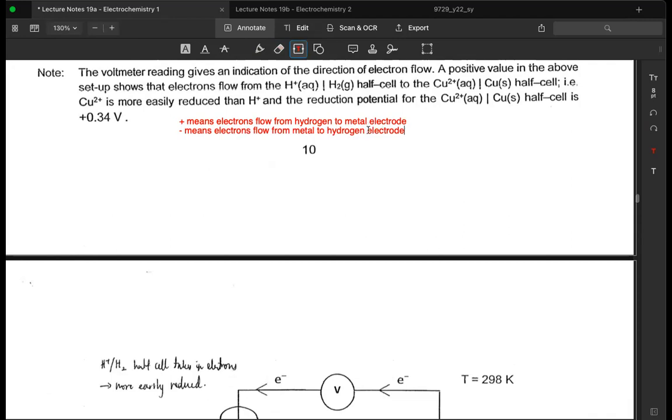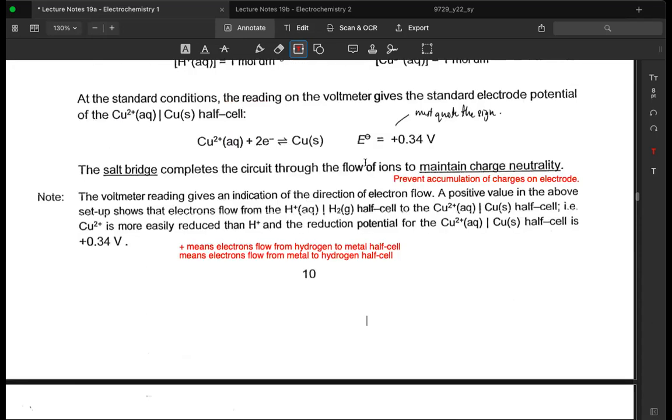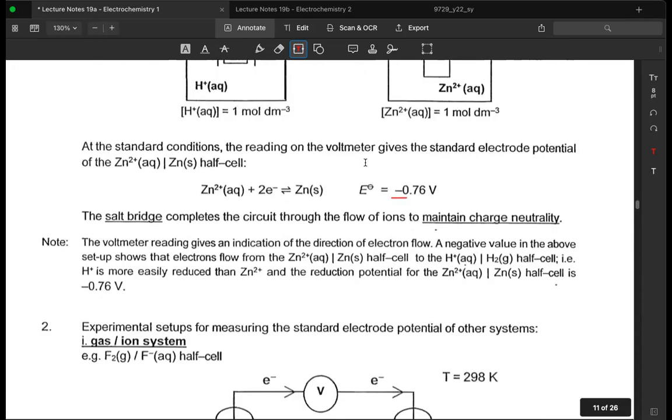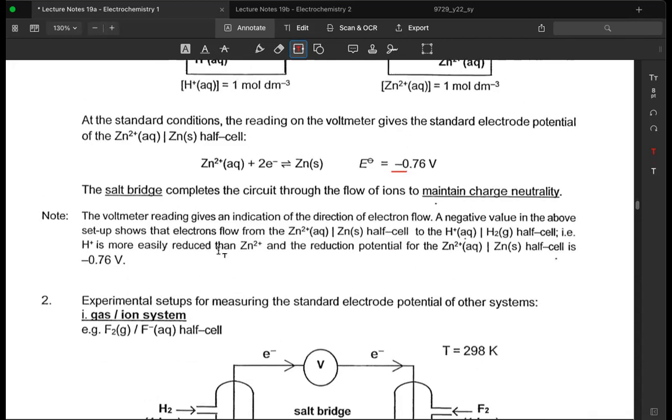From the metal electrode is okay. From the metal half cell, better. Yeah, clearer. Because the hydrogen electrode is actually the platinum, so should say half cell. Now, it means that hydrogen ion is more easily reduced. So you see a negative sign means it's not easy to reduce zinc 2+.